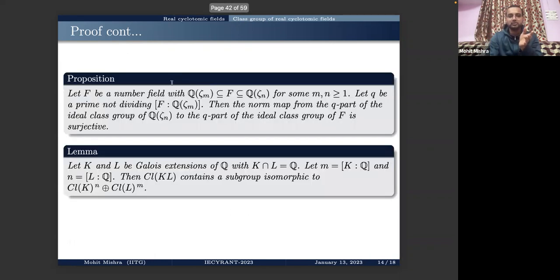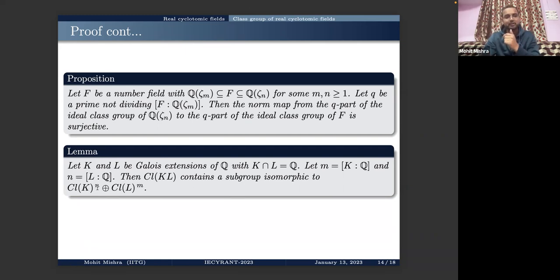Now, if we use this lemma, we have two real quadratic fields, let's say K1 and K2. Their intersection is Q and their degree is 2. So the compositum of K1 and K2, its class group contains a subgroup isomorphic to the class group of K1 to the power 2, direct sum the class group of K2 to the power 2. Now we know that the class group of K1 contains Z mod 25Z and exactly an element of order 25.